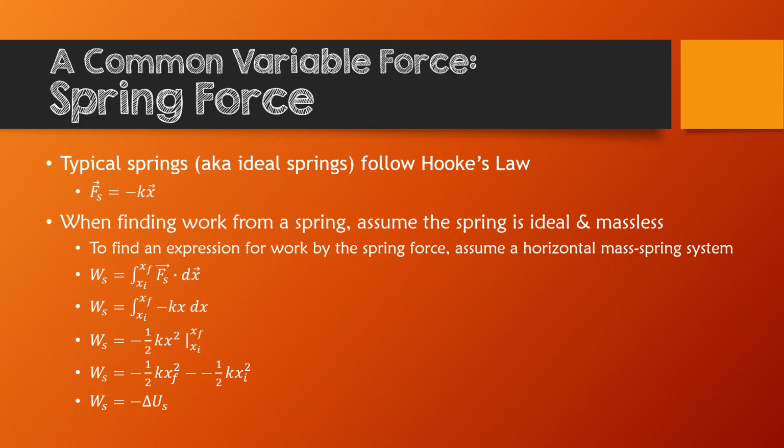That's really similar to an expression we've seen before, where work was equal to the positive change in kinetic energy. Sometimes we say that work can add kinetic energy to the system, and sometimes we talk about how work can add or subtract potential energy from the system.